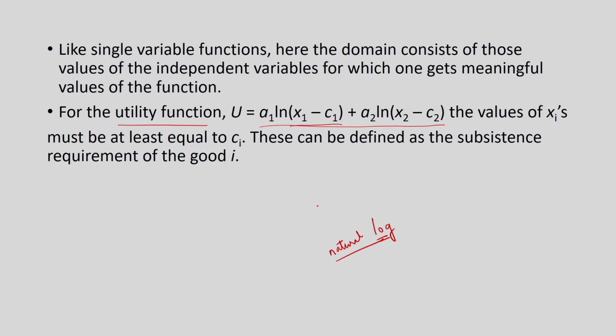Suppose you are an individual, you will need a certain basic amount of food, for example, to survive. So, your food consumption cannot go below a certain level, otherwise you will not be able to live. Therefore, you have this kind of function which captures the fact that consumption cannot be below a certain level.